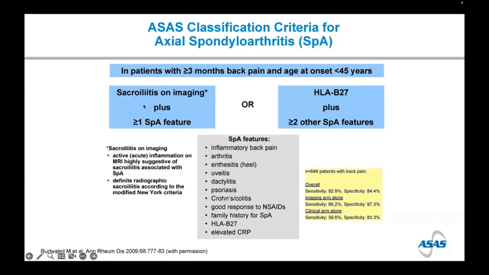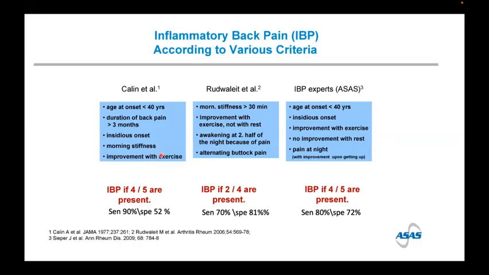For the sacroiliitis imaging, you can define the sacroiliitis either by X-ray or by MRI. So the diagnosis of axial SpA is mainly inflammatory back pain and imaging.